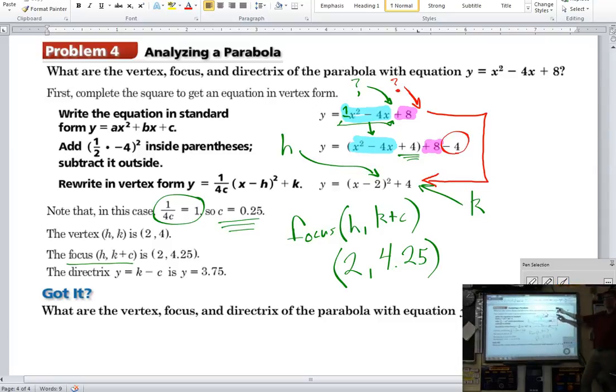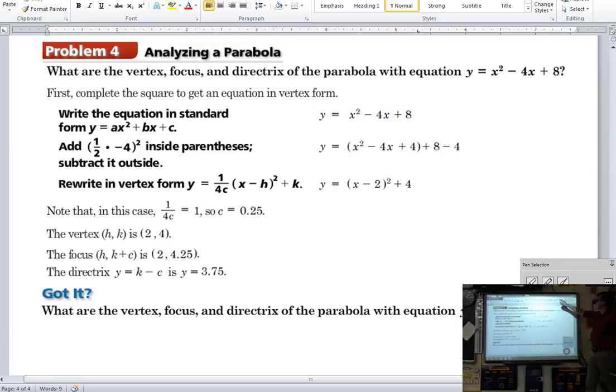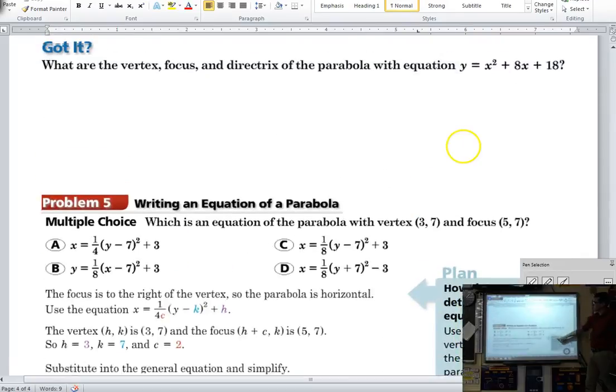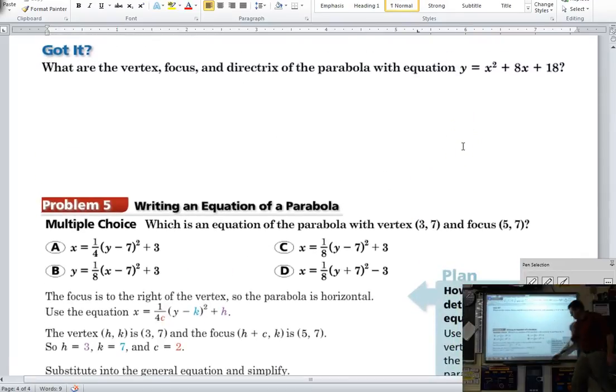So really quickly, because I normally send you guys early, let's review our completing the square process here, because that's where people get screwed up. When we look at x squared plus 8x, if we were to make that a perfect square, it'd be x plus 4 squared.